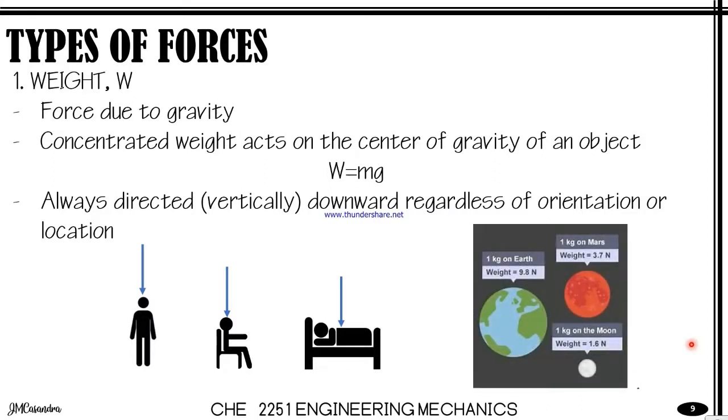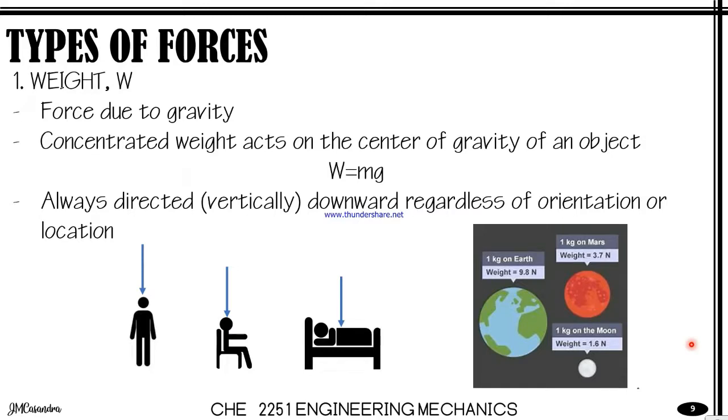On the location of objects, the weight of an object will vary based on the gravitational acceleration. So when we are on Earth, an object that has a mass of 1 kilogram will have a 9.8 Newton weight.